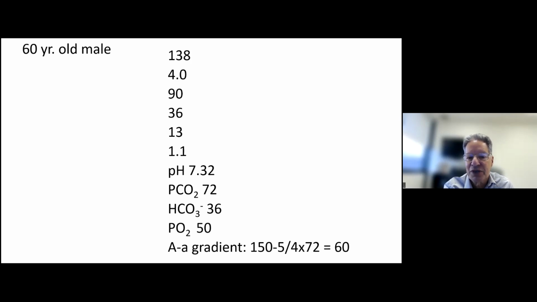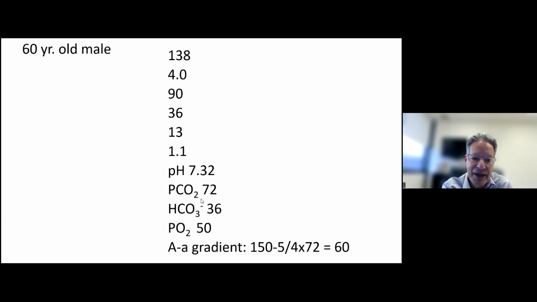If the PCO2 went up by 20, the bicarbonate should go up by 7. If the PCO2 went up by 30, the bicarbonate should go up 10.5. Here it went up a little more than that. So the bicarbonate should go up, when you do the math, about 11.2 or so. So it's perfectly compatible with chronic respiratory acidosis.